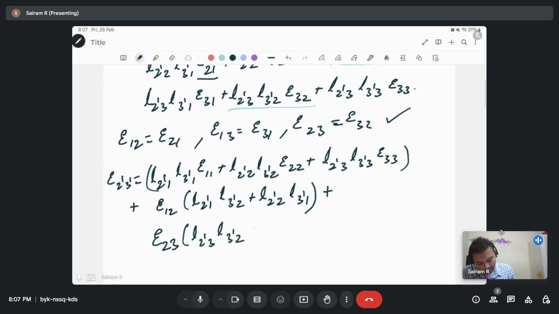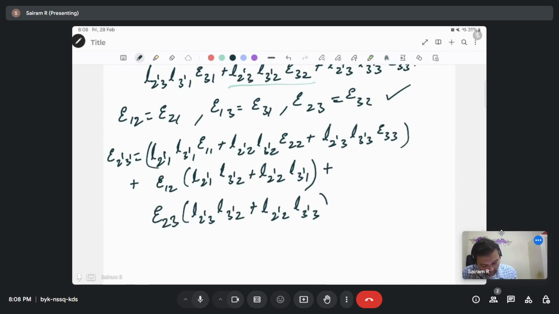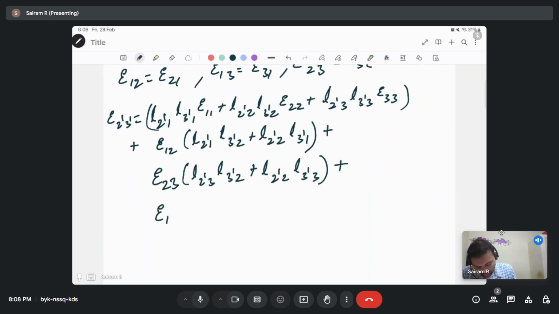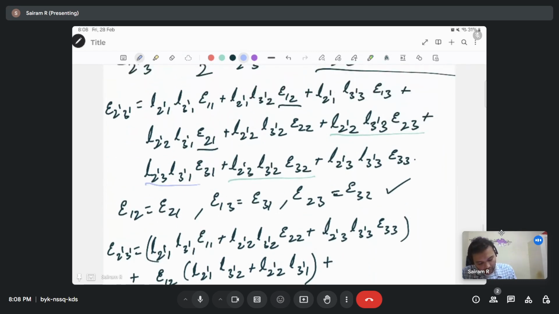L2 prime 3, L3 prime 2, epsilon 3 2 is what we have taken out, plus L2 prime 2, L3 prime 3, epsilon 2 3, plus epsilon 1 3 into, we have remaining, these two factors will be combined.